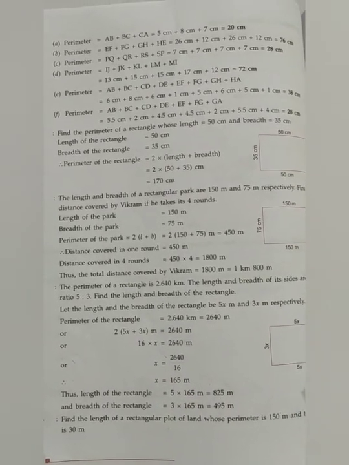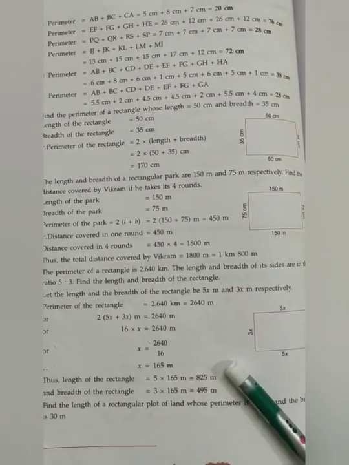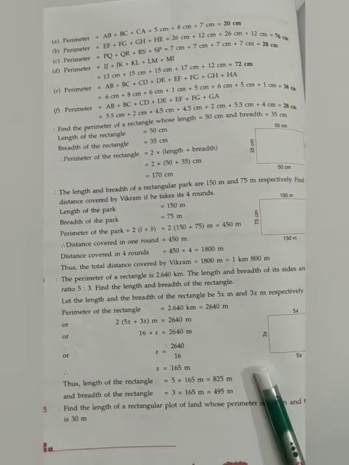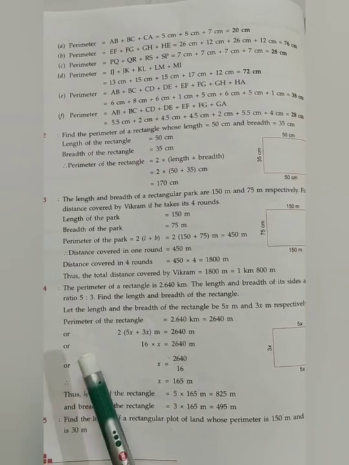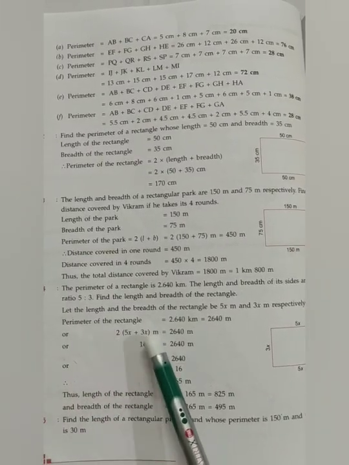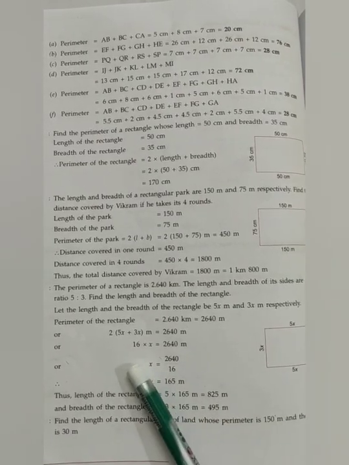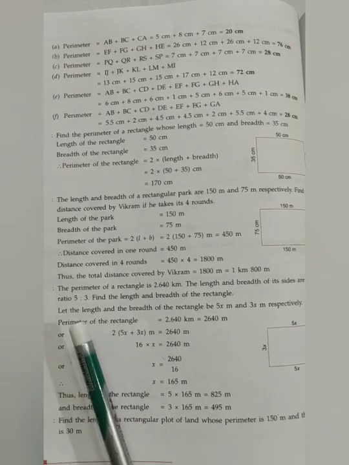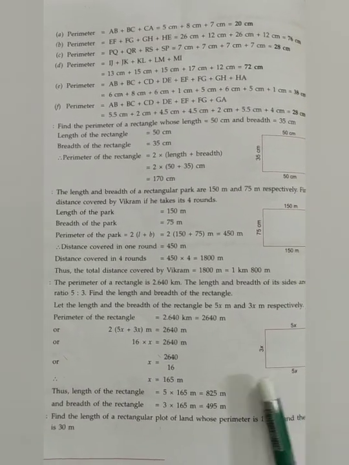So children, first you mark what the data are. Data given: perimeter, and length and breadth in ratio format. So first you write the data. Let the length and breadth of the rectangle be 5x and 3x respectively.